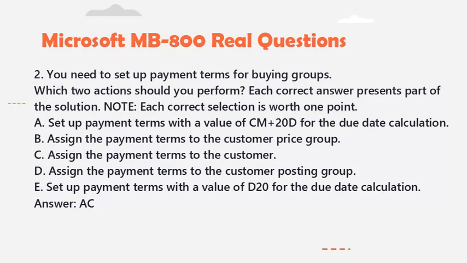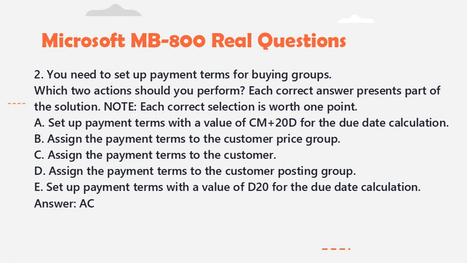2. You need to set up payment terms for buying groups. Which two actions should you perform? Each correct answer presents part of the solution. Note: each correct selection is worth 1 point. A. Set up payment terms with a value of CM plus 2OD for the due date calculation.